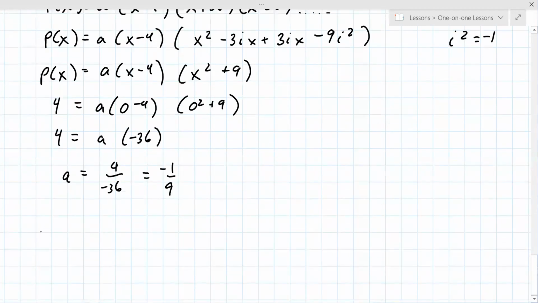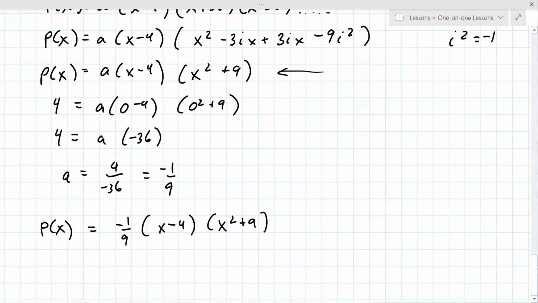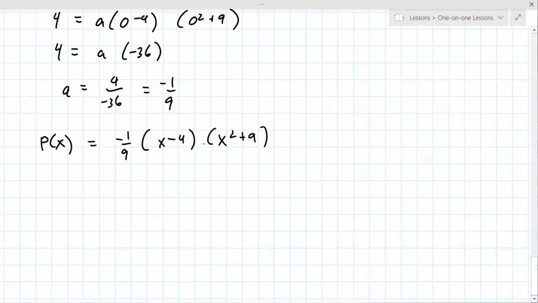We're not done though, because it wants it in expanded form. So we're going to take this line up here, and we're going to write -1 over 9, x minus 4, x squared plus 9. And you need to expand this binomial. So that gives you x cubed plus 9x minus 4x squared minus 36.